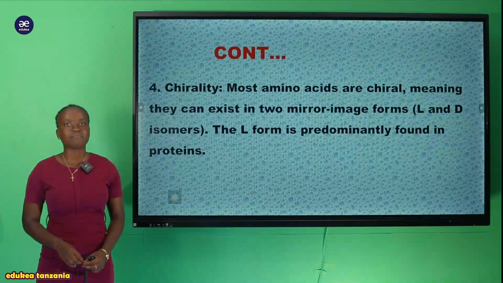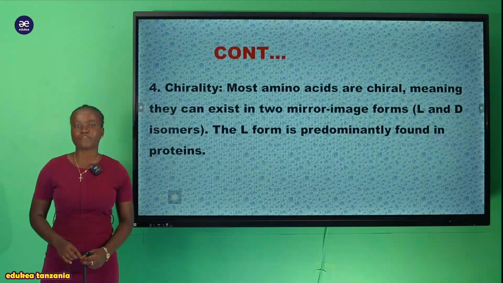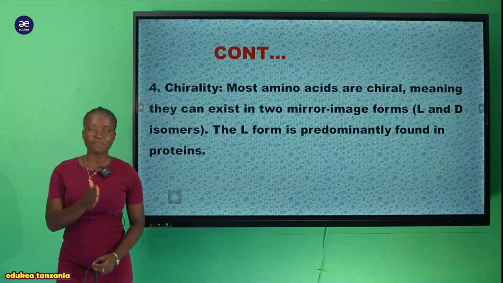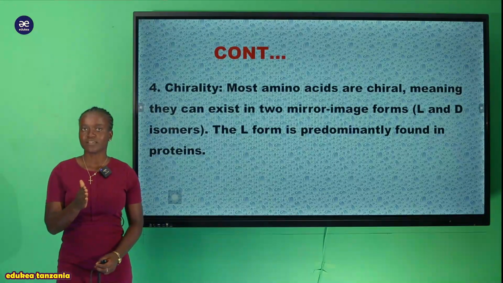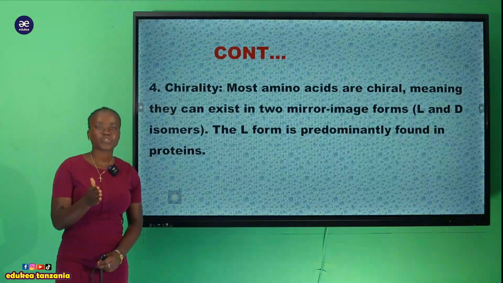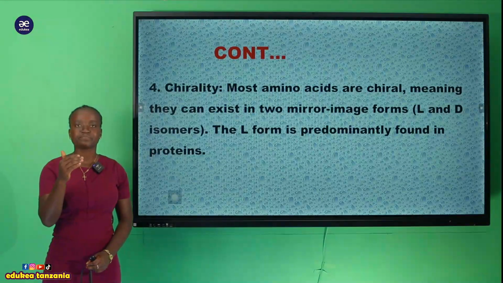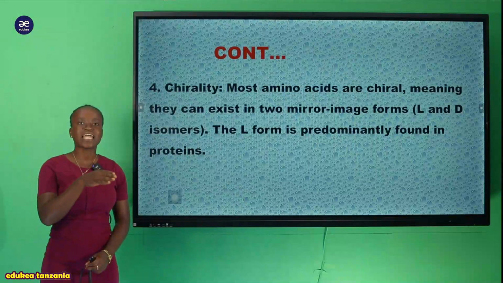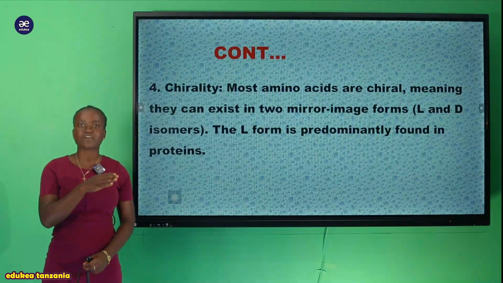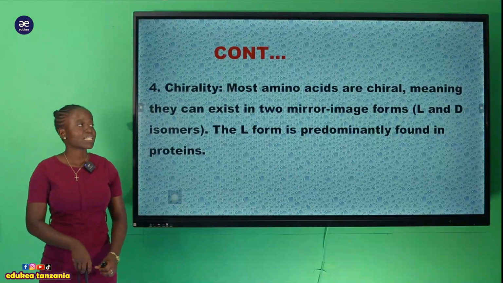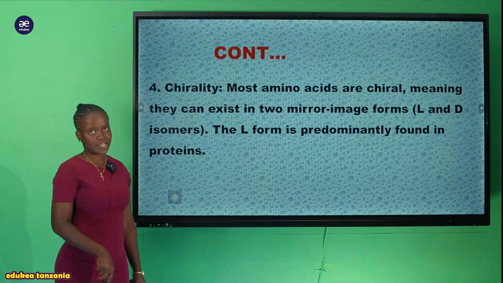Chirality nature tunasema kwamba they are mirror images of one another, kwa maana kwamba ukichukua structure moja ya amino acid ukaweka mirror, the structure you see in the mirror is the same as the structure found in its opposite position. So that is the chirality nature.